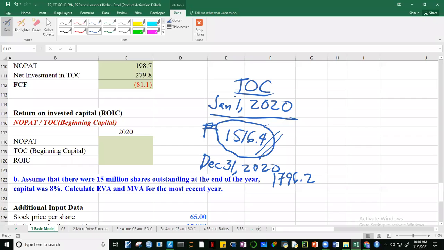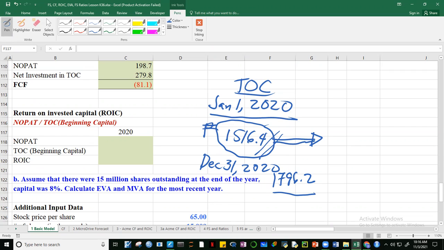The story is this: at the beginning of the year, we're telling management, we provide you 1516.4 TOC. The 1796 is the ending, so we will just base our assessment on the beginning capital. So you're provided with 1516.4 operating capital. Take note, operating capital, we removed the capital related to financing.